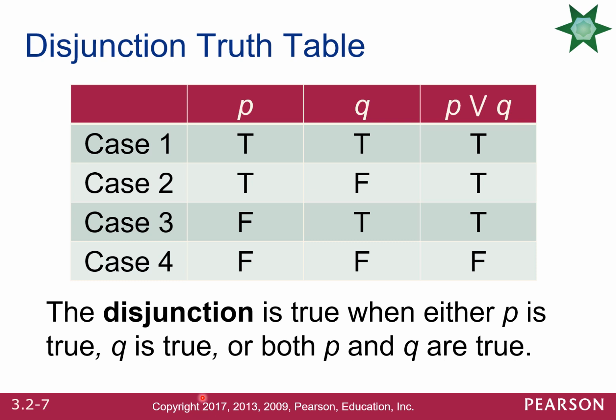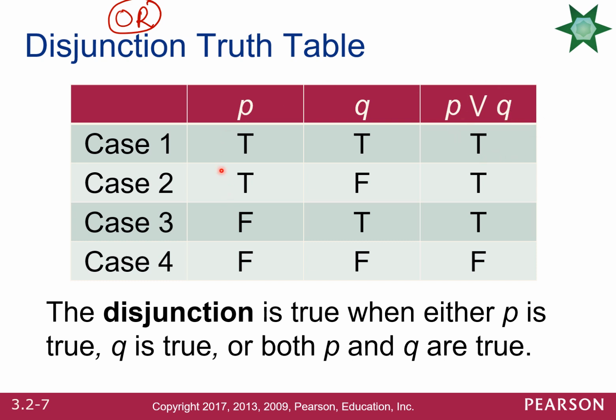We now look at a truth table for disjunctions. Recall that disjunctions are or statements. All right, so they are or statements. So there are two statements connected with an or. So first let's study the truth table given to us, and then I'll give you an example. So in case 1, when both P and Q, both statements are true, the final result of P or Q is a true.